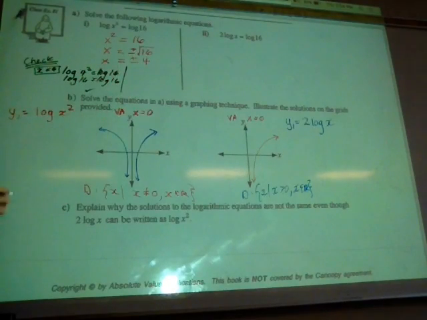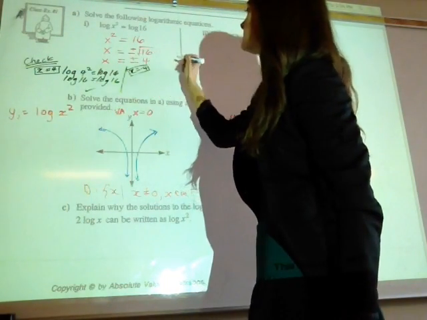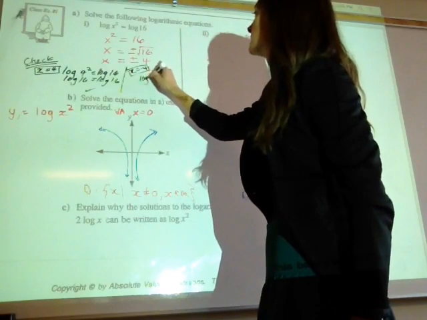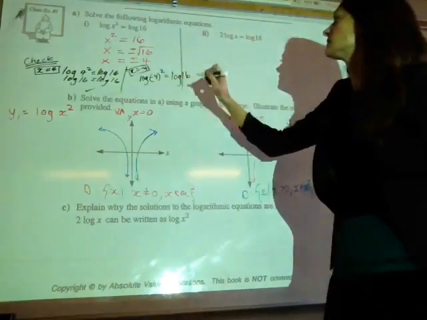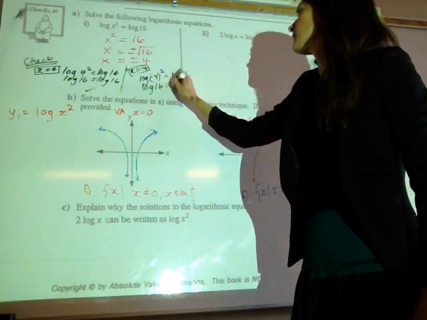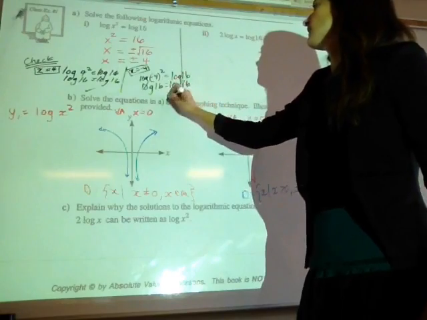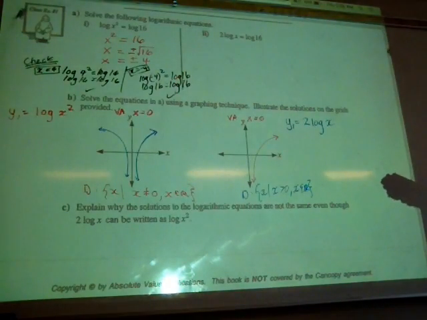Yeah, that's going to be the same. Now let's sub in negative 4. Log negative 4 squared. Does that equal log 16? Yes, log 16 equals log 16. So when you're verifying, you're always proving that the left-hand side of the equation equals the right-hand side.